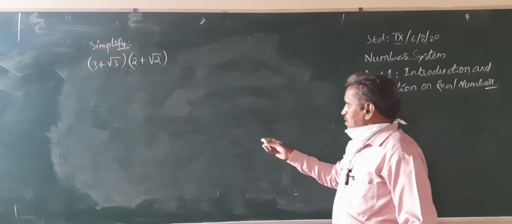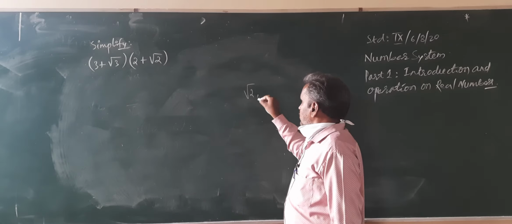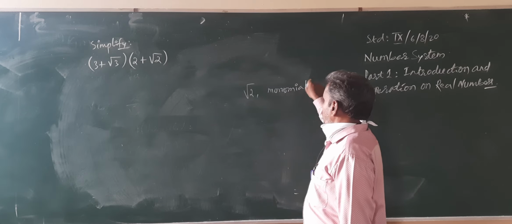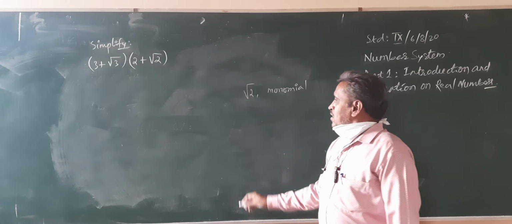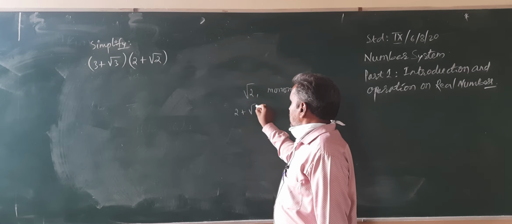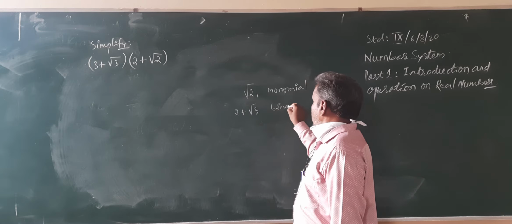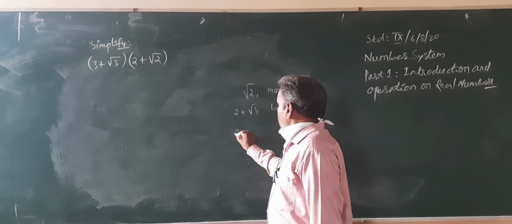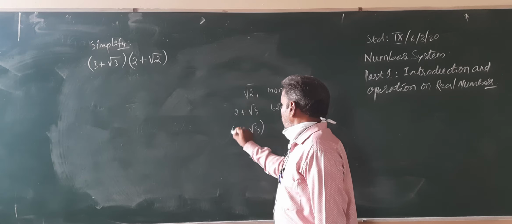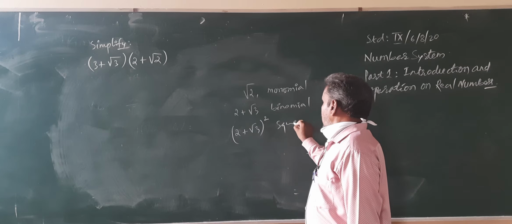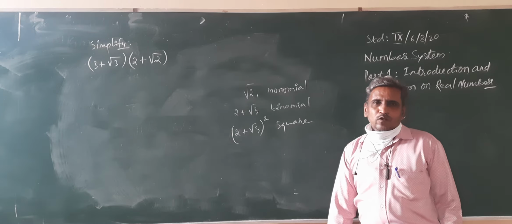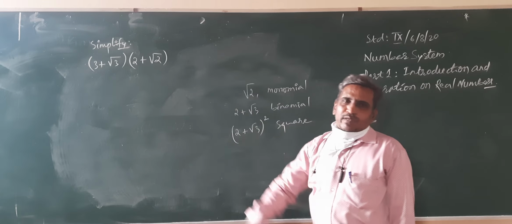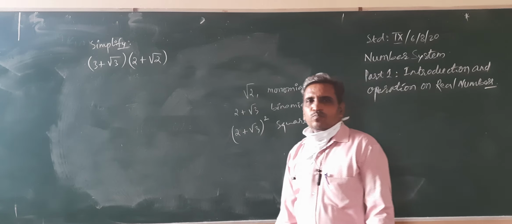So just consider that root 2 is called a monomial. 2 plus root 3 is called a binomial. 2 plus root 3 bracket square is the square of a binomial. Now the product of two binomials.